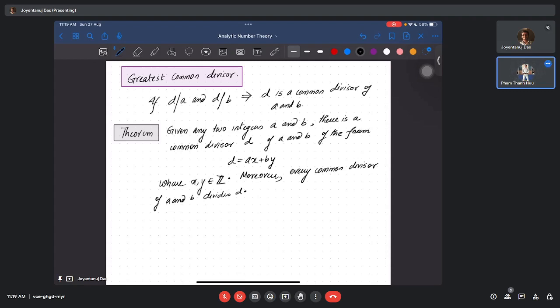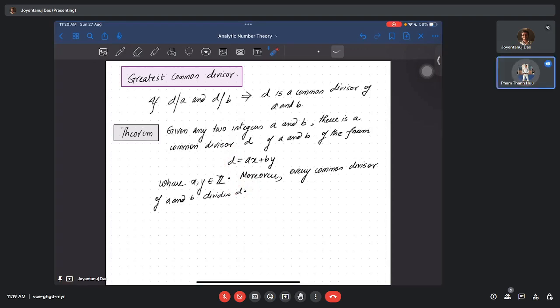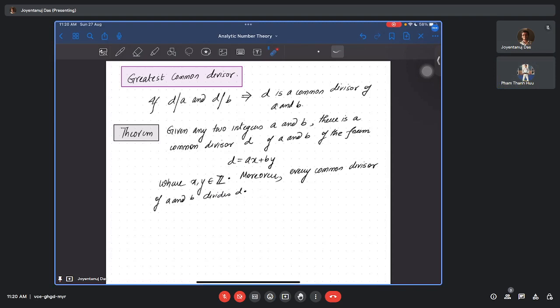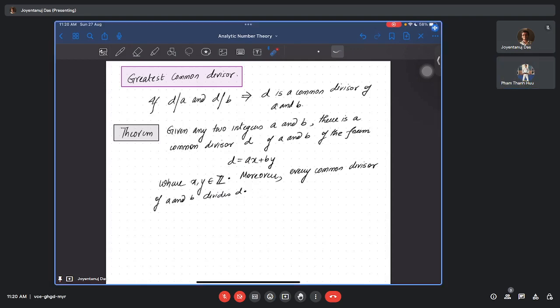Here it is saying that every common divisor of a and b will divide d. d is also a common divisor, but every other divisor should divide d. Yes, that is what they are saying. I understand it, but I have not imagined an example for that.